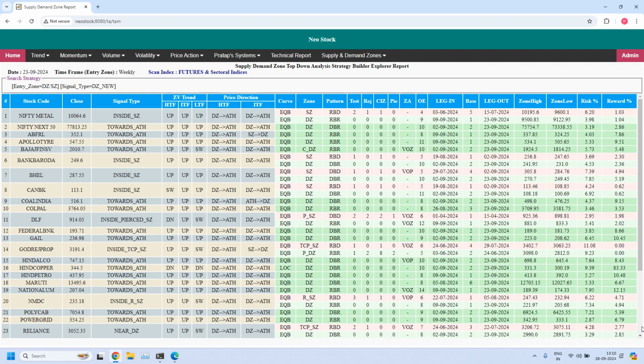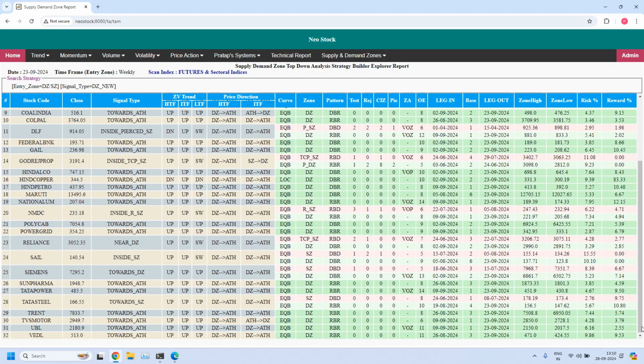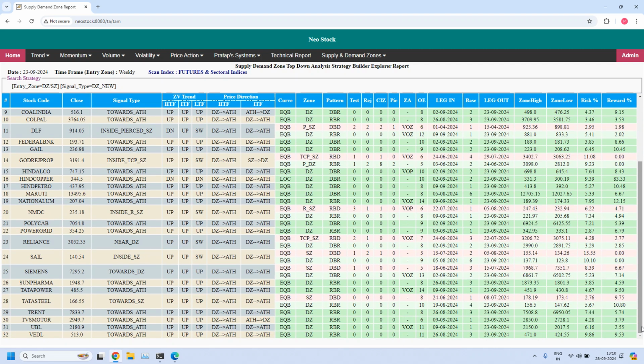All these stocks are having newly created weekly demand zones. Scrolling the list down. Total 32 weekly demand zones are created during this week in all these stocks. That indicates bullishness, but we need to look for supply zones also.